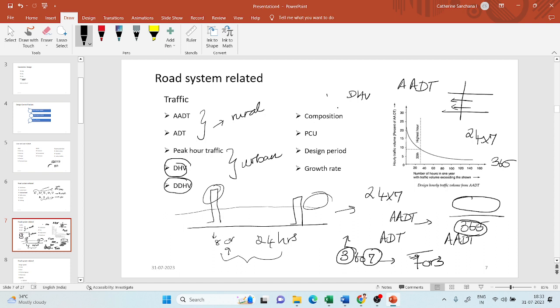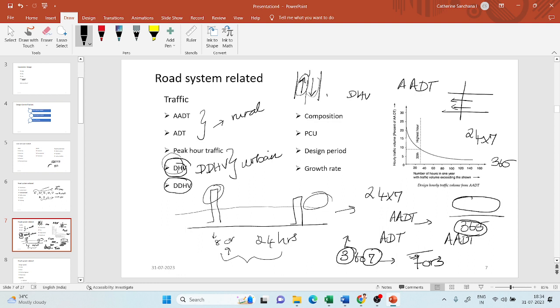Directional daily hourly volume takes into account the direction of traffic. We all know that our highways will have traffic moving in one direction and traffic moving in the opposite direction. Now, if you take the direction of movement of traffic into account, you will call it directional daily hourly volume, and if it is not considered, then you will call it daily hourly volume.